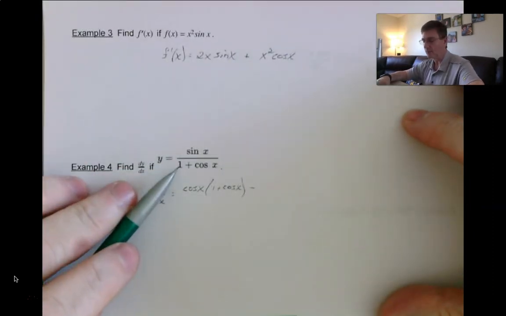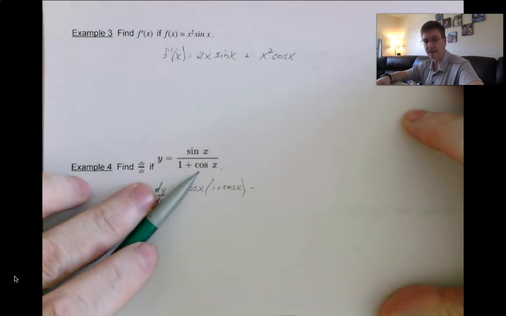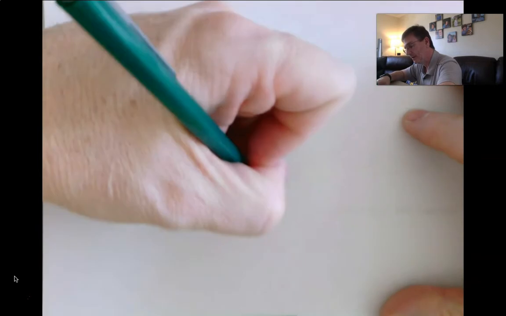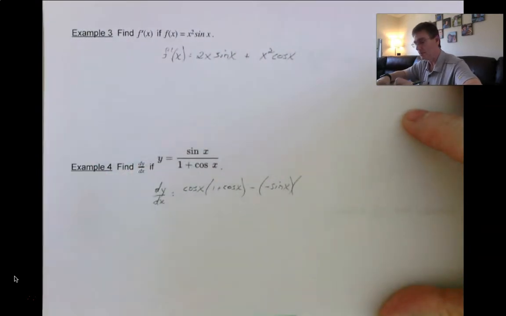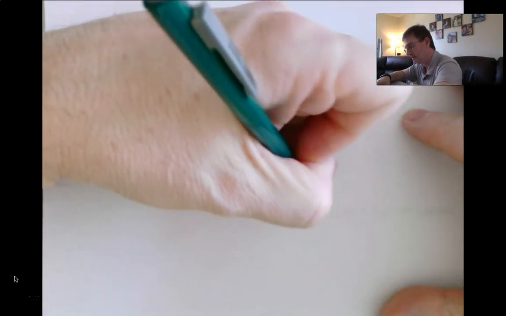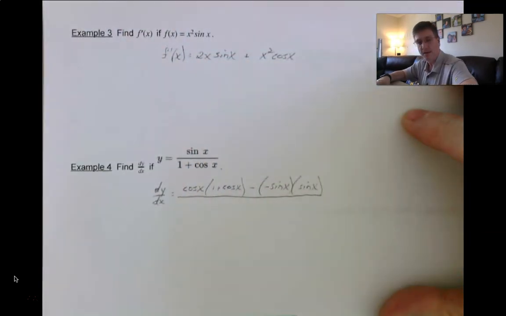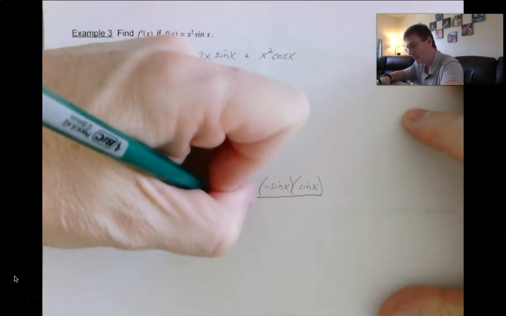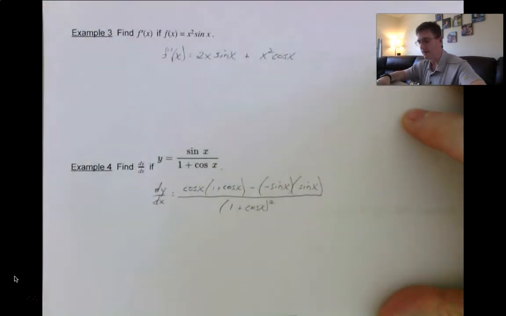Well, derivative of 1 is 0. Derivative of cosine x is negative sine of x. Times the top, which is sine of x. All over the bottom squared, 1 plus cosine x squared.